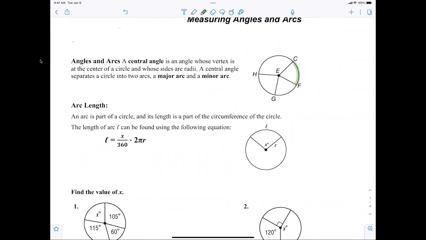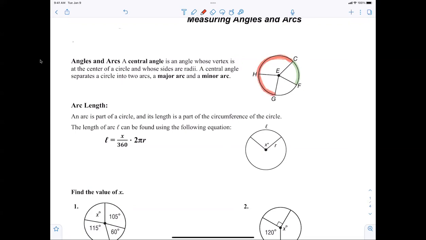A major arc is more than 180 degrees. And a semicircle obviously would just be 180 degrees. Now, how do I get a major arc? You're now going to learn that angles can be greater than 180 degrees. So that highlighted red is a major arc.